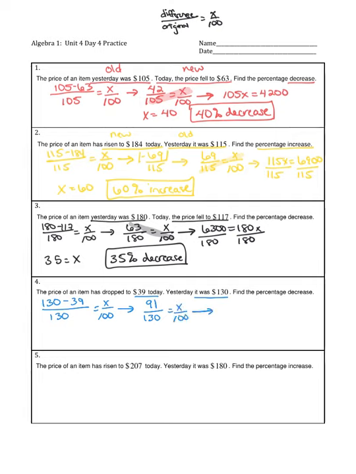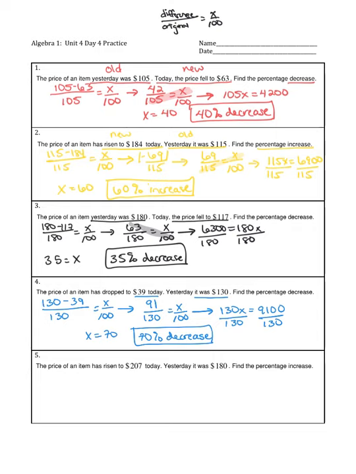Cross multiply. 130x equals 9100. Divide by 130, and you get 70. X equals 70. The percentage decrease was 70%. Like I said, I want to go shop there.